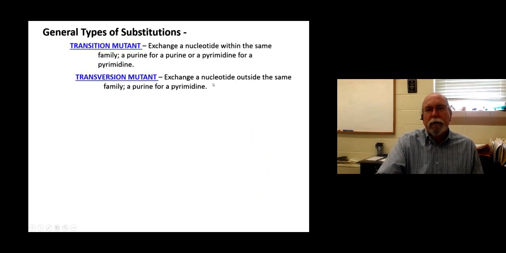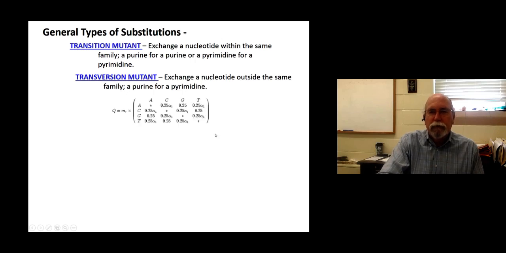Well, it turns out that changing out of class, going from a pyrimidine to a purine, requires more energy and in fact is more readily detectable by the editing system. So it turns out that transition mutations are more common than transversion mutations.